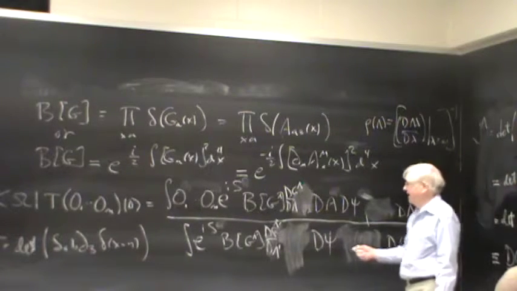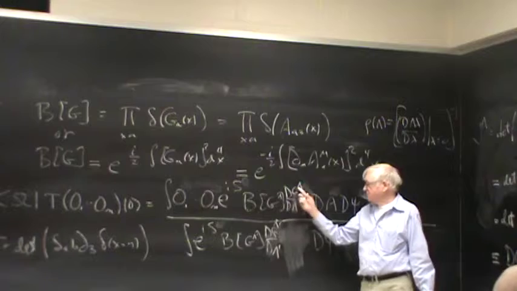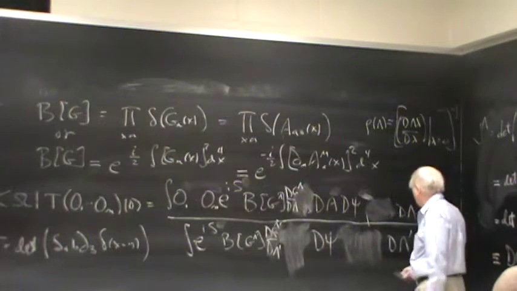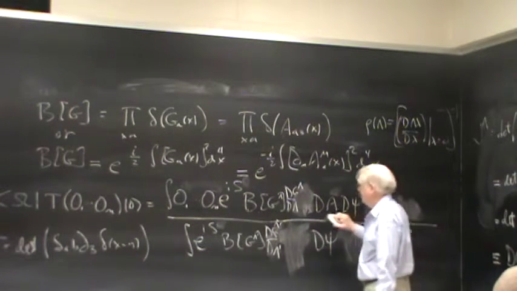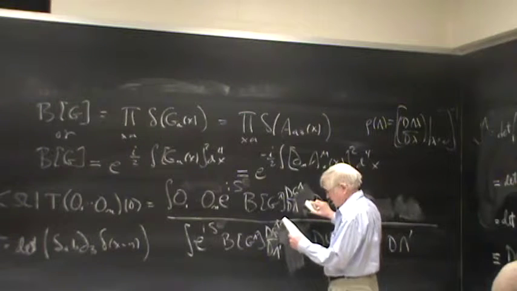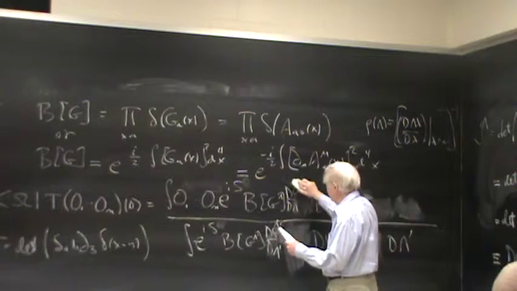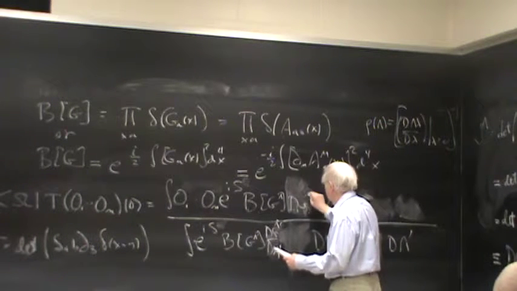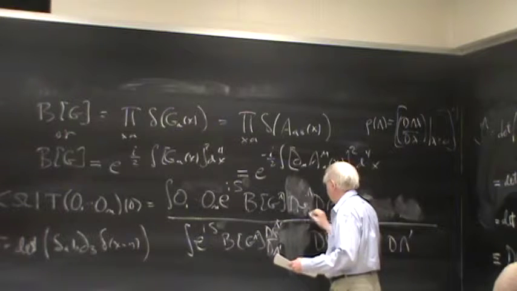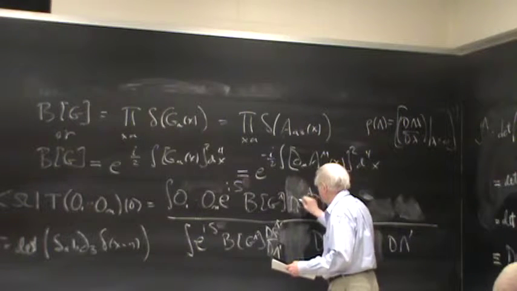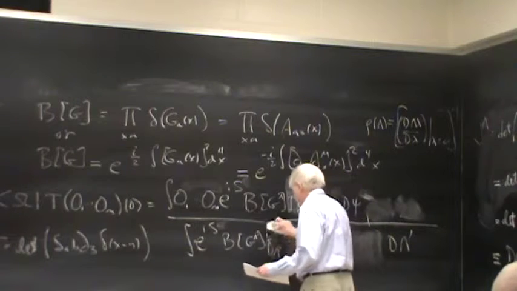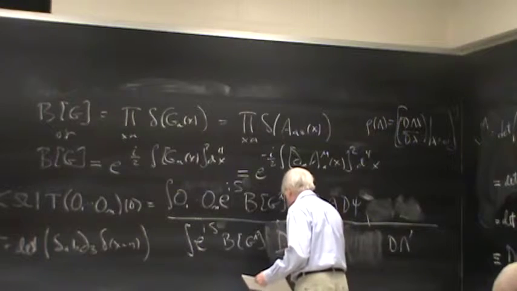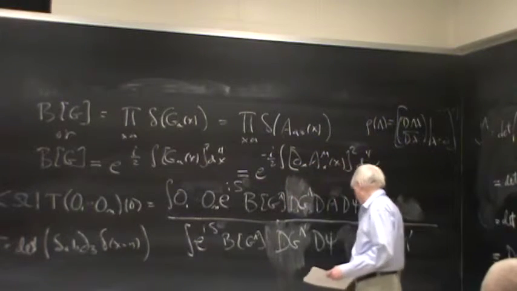But now you see, if you have this thing, dG lambda over d lambda, d lambda over d lambda, well, that just turns into dG lambda. Lambda, not A. And this thing also turns into dG lambda prime.